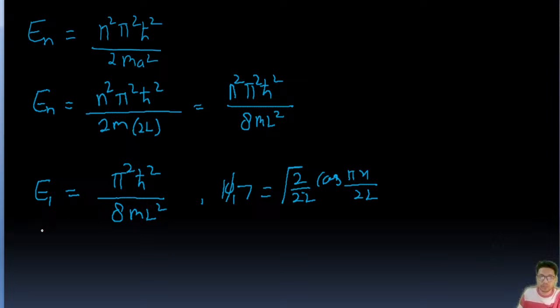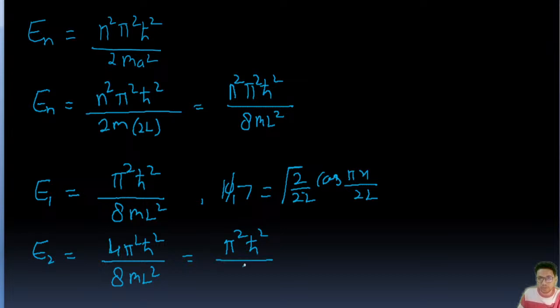Similarly, for E2, n equals 2, so n square is 4. E2 is 4 pi square h square upon 8 m L square. Simplifying, 4 cancels with 8 by 2, so this is pi square h square upon 2 m L square.